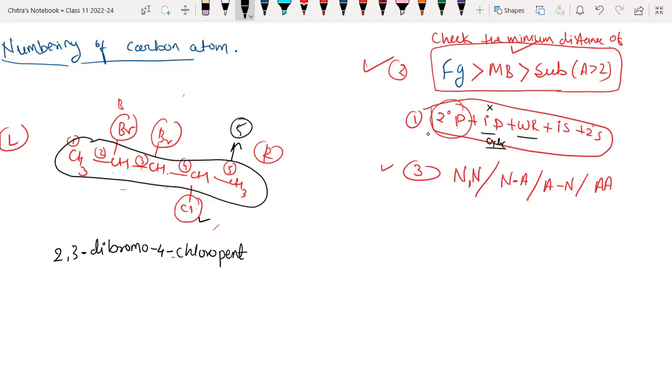Then the primary suffix tells about multiple bonding. Do we have multiple bonding here? No, sir. So it would be ANE. All the carbons have single bonds, so for single bonds we use ANE. Then the secondary suffix. Do we have a functional group? No, sir. So this is the IUPAC name for the compound. Done.